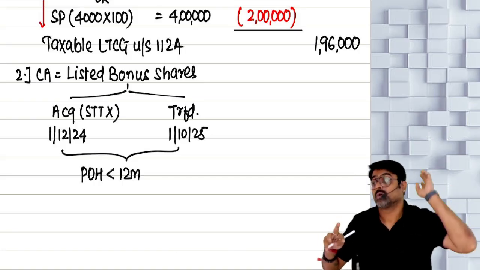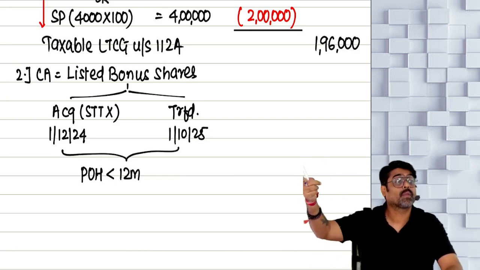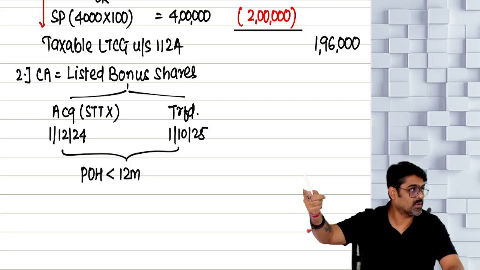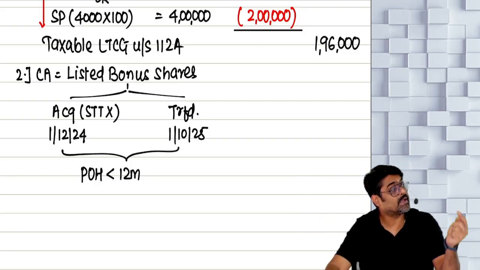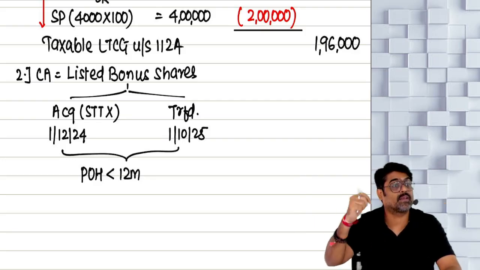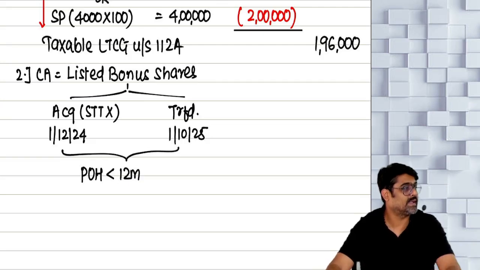If it was more than 12 months, then the long-term gain would have gone in 112A. Yes or no? So for 112A, what is the requirement? That STT must be charged at the time of acquisition as well as at the time of transfer. But in some cases, it is practically impossible to charge STT.